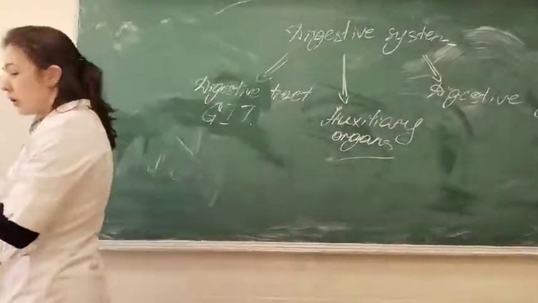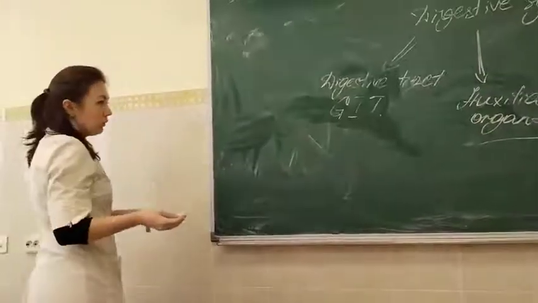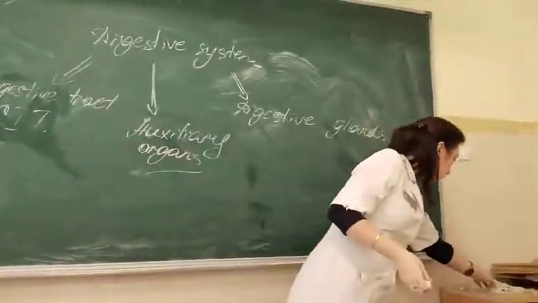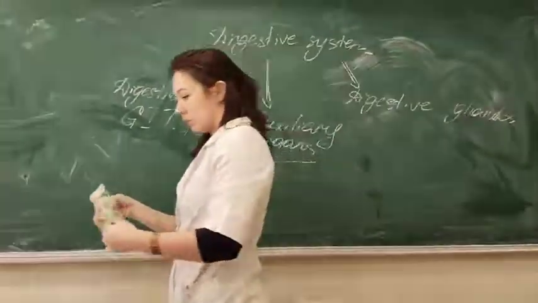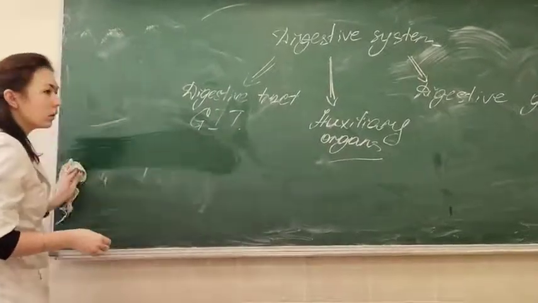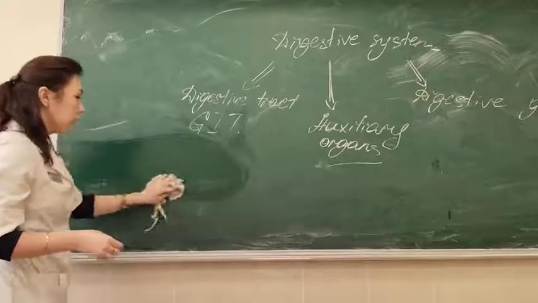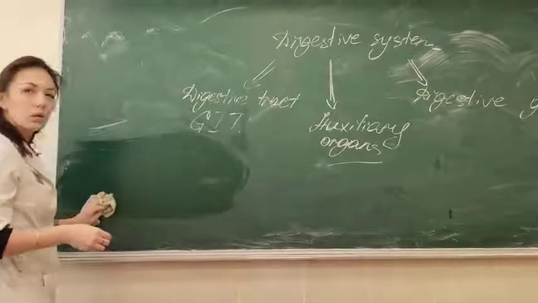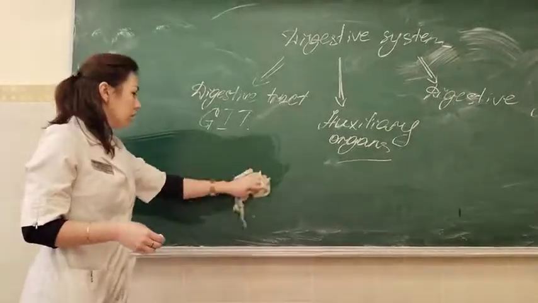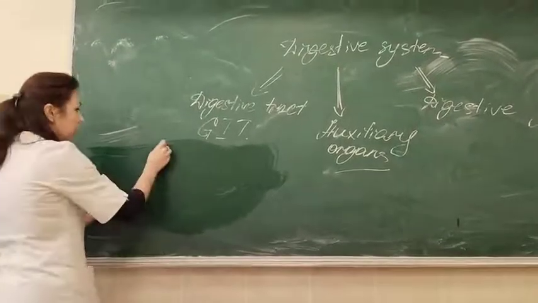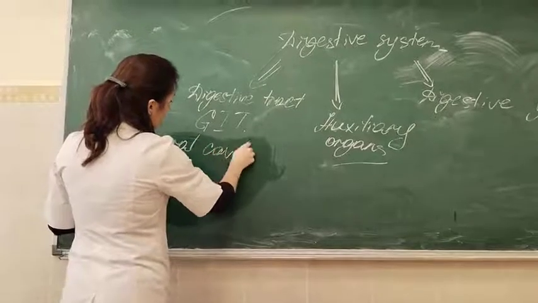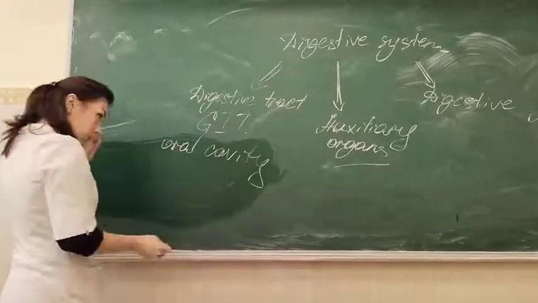So tell us please, Ishika, which organs of the digestive tract do you know? Mouth. Oral cavity, yes. Then from the oral cavity, where does the food move? Pharynx.